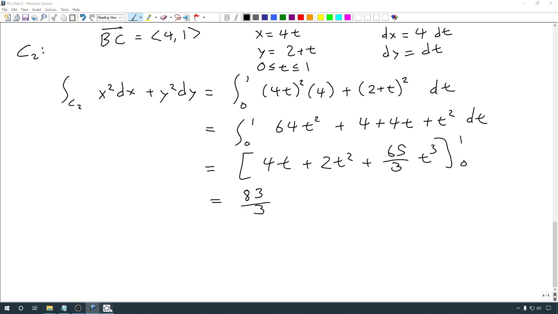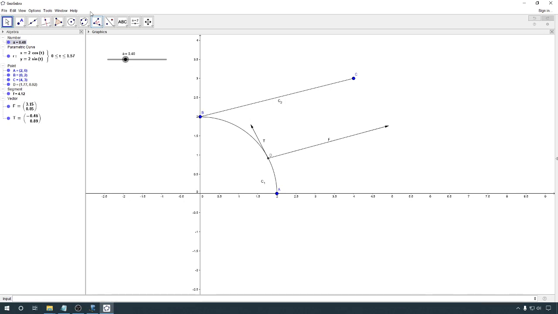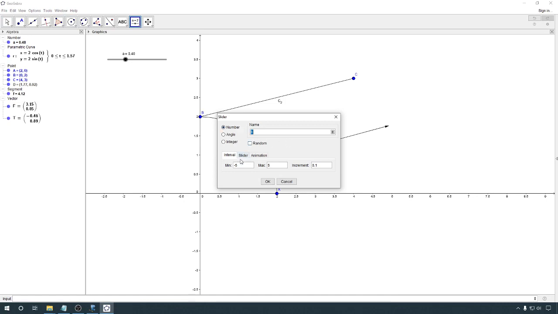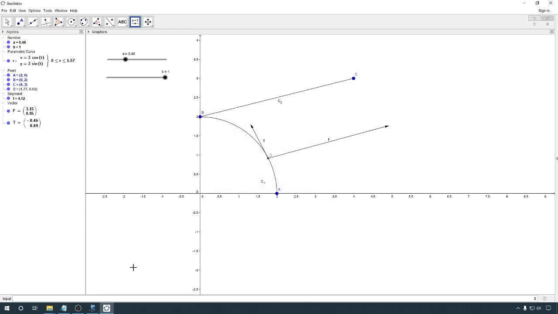We do the same kind of thing with our slider. Well, I actually have another slider. This one will be going from 0 to 1. We're going to go ahead and plot.